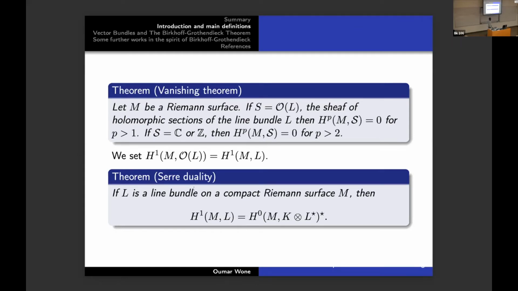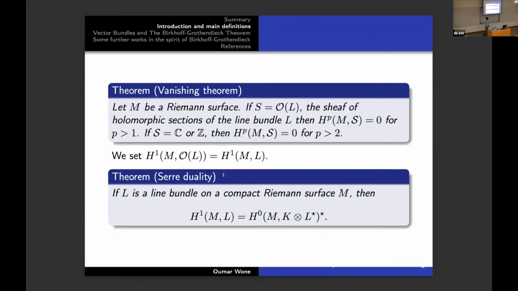Now let us set H^1(M,O(L)) as a notation equal to H^1(M,L).